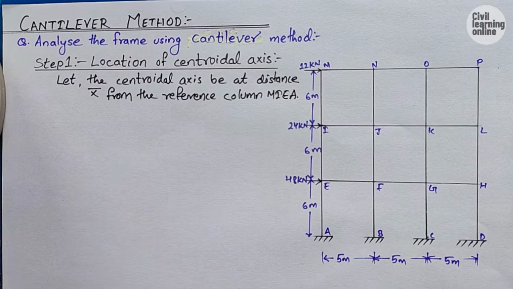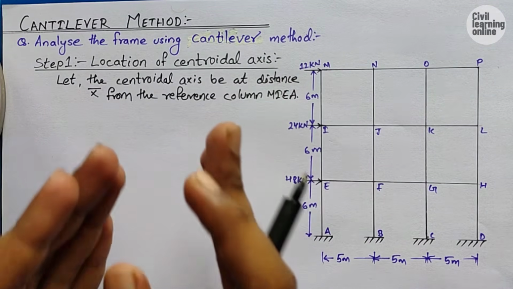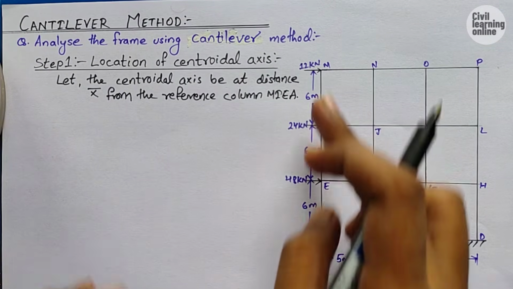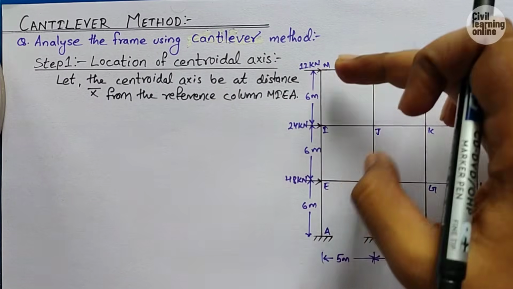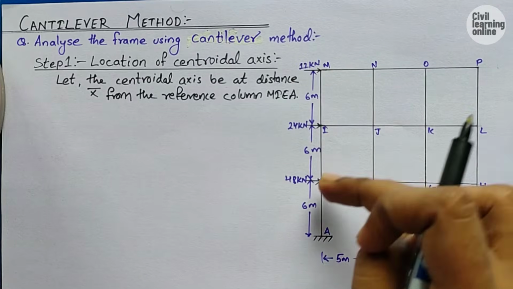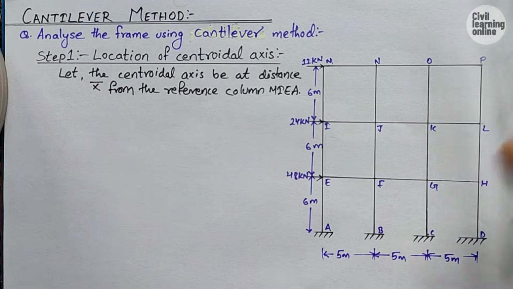So students, whenever you are solving a numerical using the cantilever method, first of all you need to locate that centroidal axis, and we need to take a reference column, and always take the left hand extreme column as the reference column. So here, our reference column is MIEA, and our centroidal axis will be here somewhere.